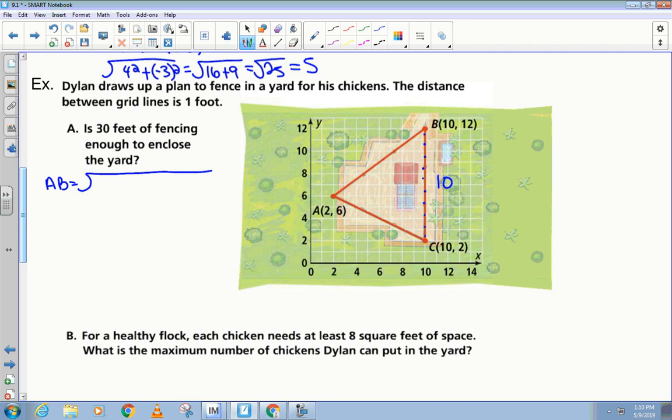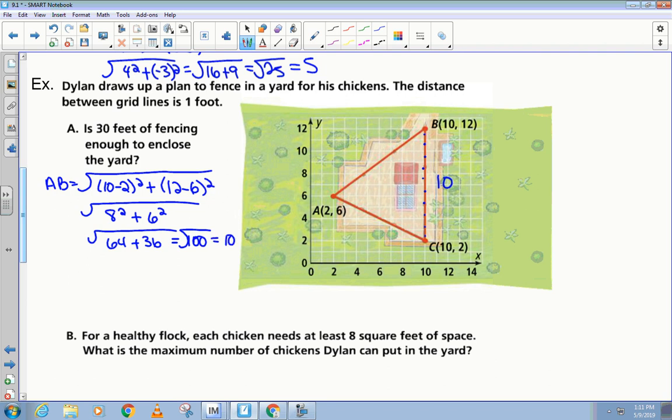So AB we would do 10 minus 2 squared plus 12 minus 6 squared. See, the more you do it, the quicker you get. So you get 8 squared plus 6 squared, 64 plus 36, which is 100, which is 10. Let's see. AC.